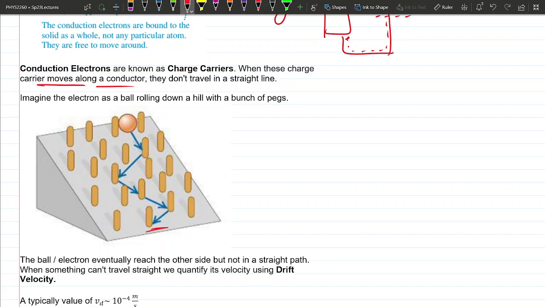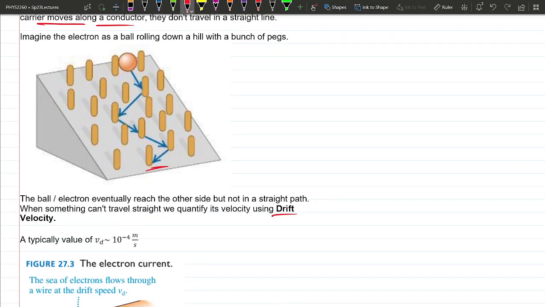Instead of going straight down the hill, it runs into a peg, bounces up, runs into another peg, and bounces up again. It takes maybe a minute for the little circle to actually get to the ground. So it doesn't get to go in a straight line; it drifts down the hill.